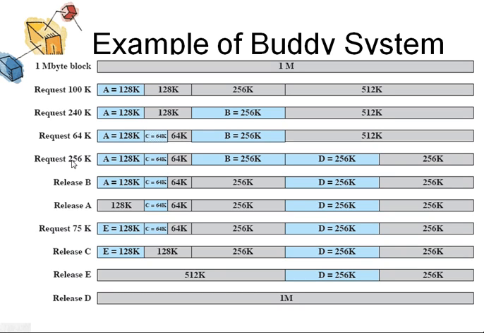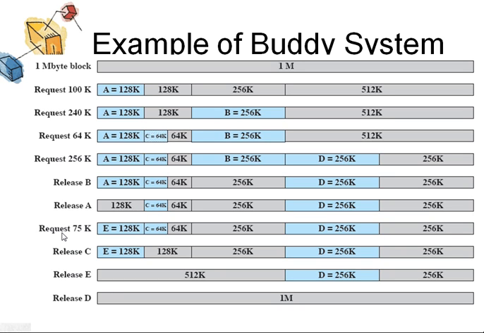Now again there is a request for 256K. Now the remaining portion is your free block. So we will split it again, and this process continues. Then if we release B, it is available again for the next process. If we release A, then this is available as it is.